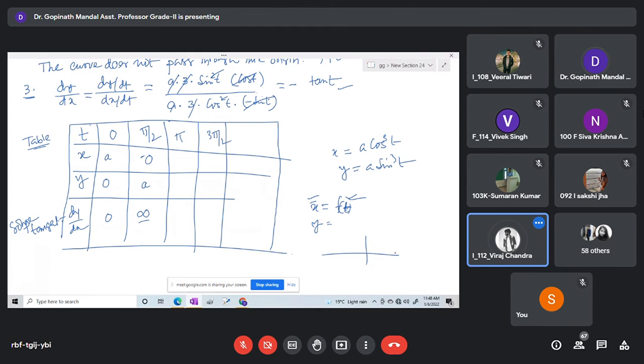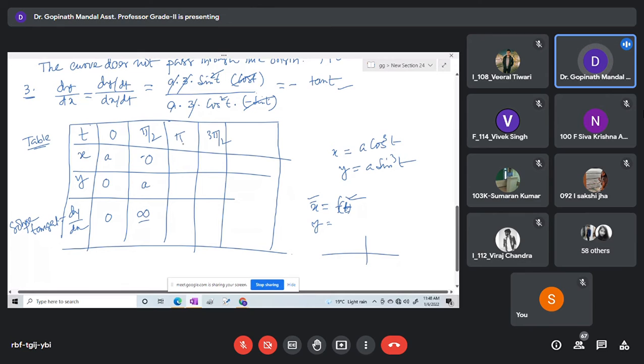Okay. Now at the point pi, x will be minus a, and y value 0, and dy by dx will also be 0.